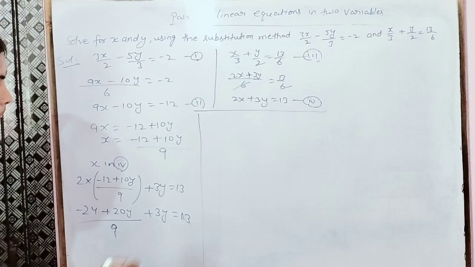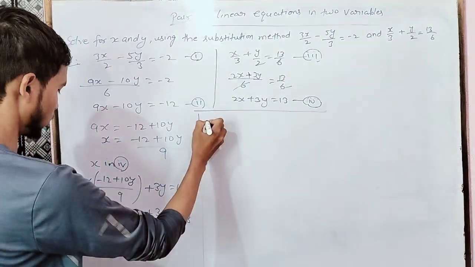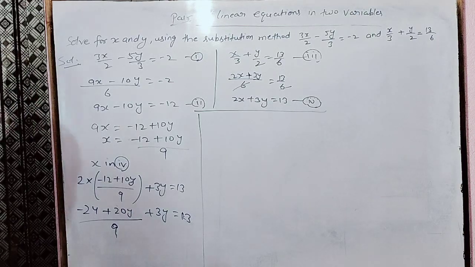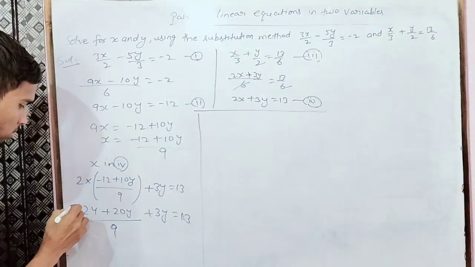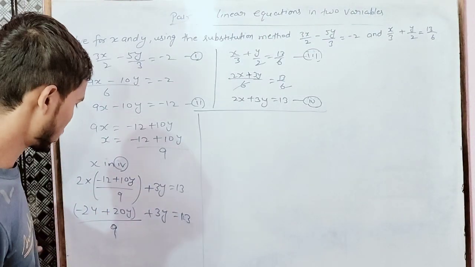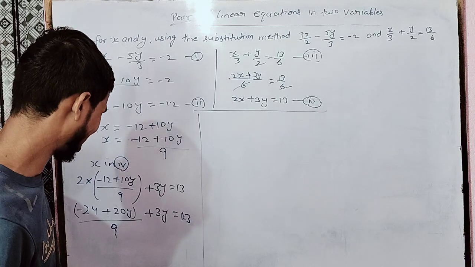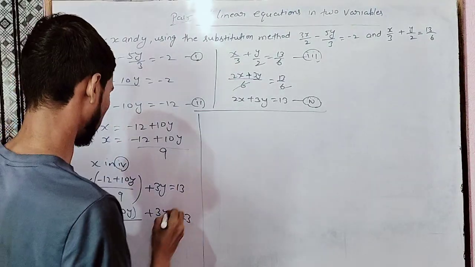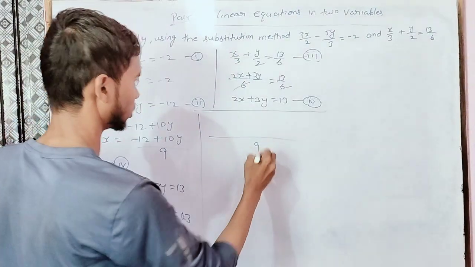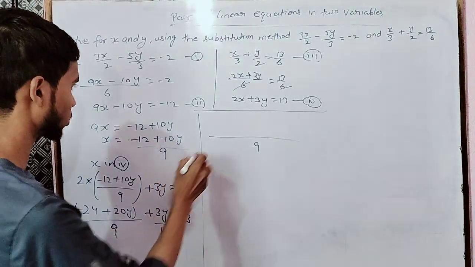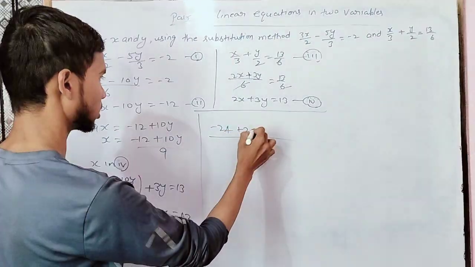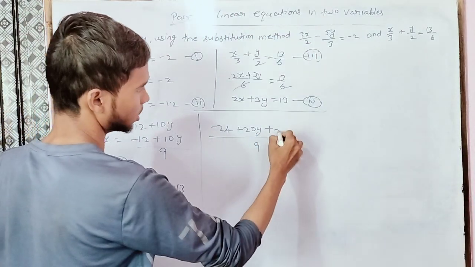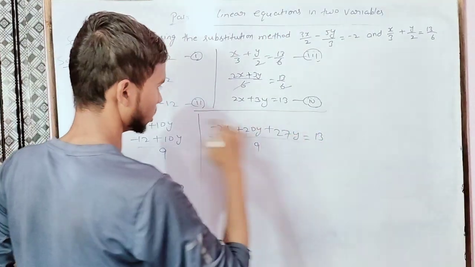Okay, here minus 24. So can we write this as 1? We are taking 9 as the LCM. So this will be 20y. So here this is plus and 9 times 3 is 27y is equal to 13.